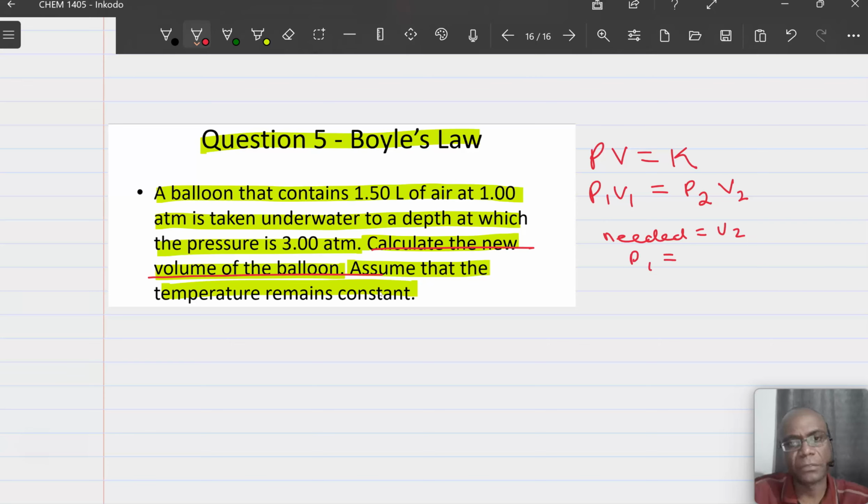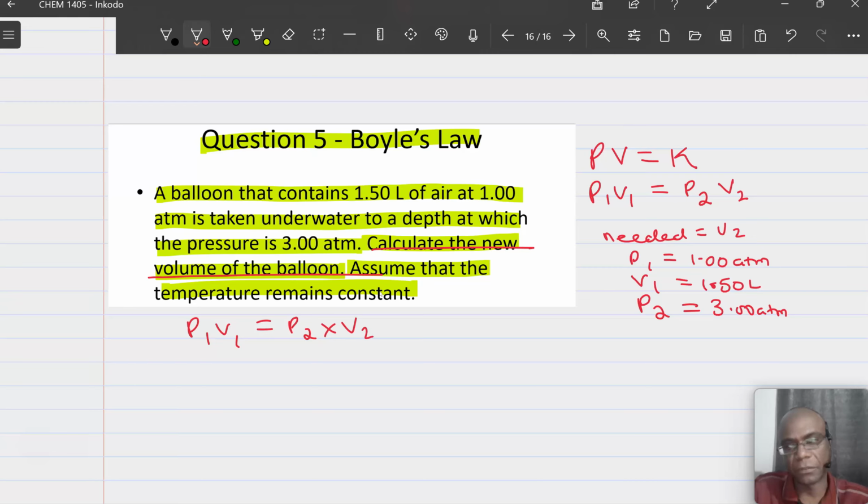I'm given P1 to be 1.00 atm, the initial volume to be 1.5 liters, and the final pressure to be 3 atm. Since P1V1 equals P2V2 and I need V2, I'm going to divide both sides by P2, so that P2 and P2 here will cancel. So my V2 will be equal to P1 times V1 divided by P2.